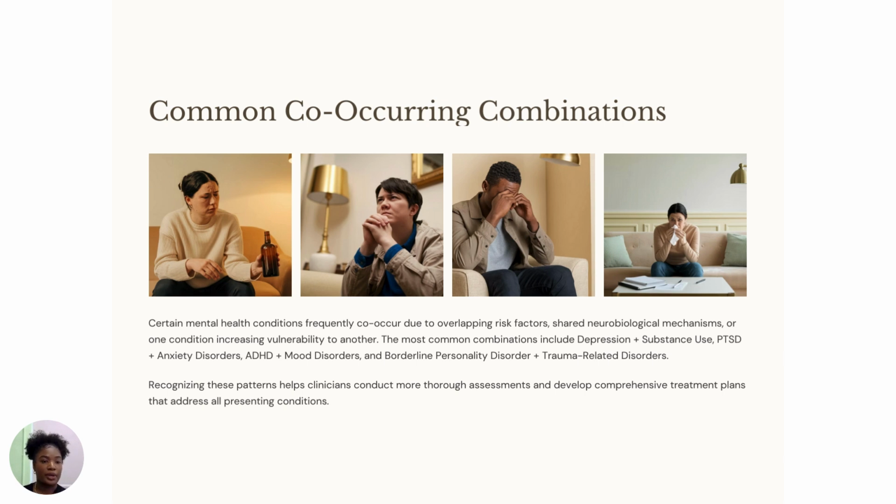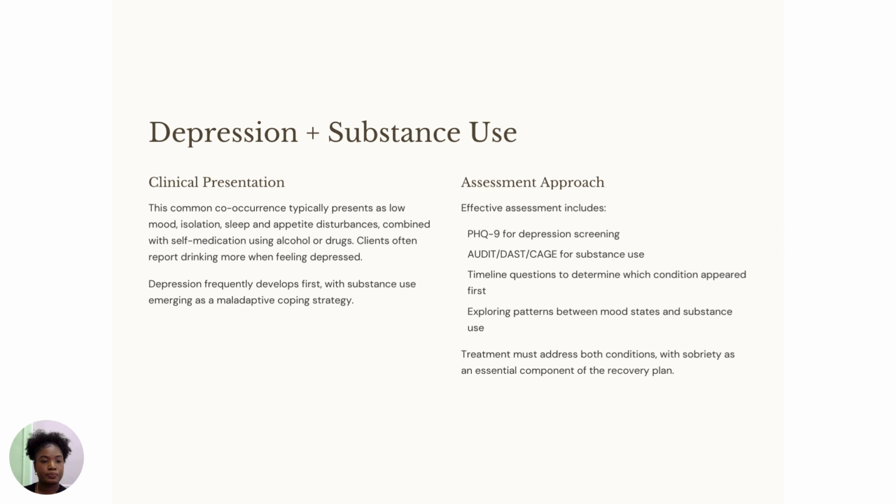The most common combination that we're going to discuss is depression and substance abuse, where low mood, isolation, sleep, and appetite disturbance combine with self-medication with alcohol or drugs. Clients will often report drinking more when they feel depressed. Usually, depression developed first, and when you add substance abuse to the mix, it creates a maladaptive coping strategy.